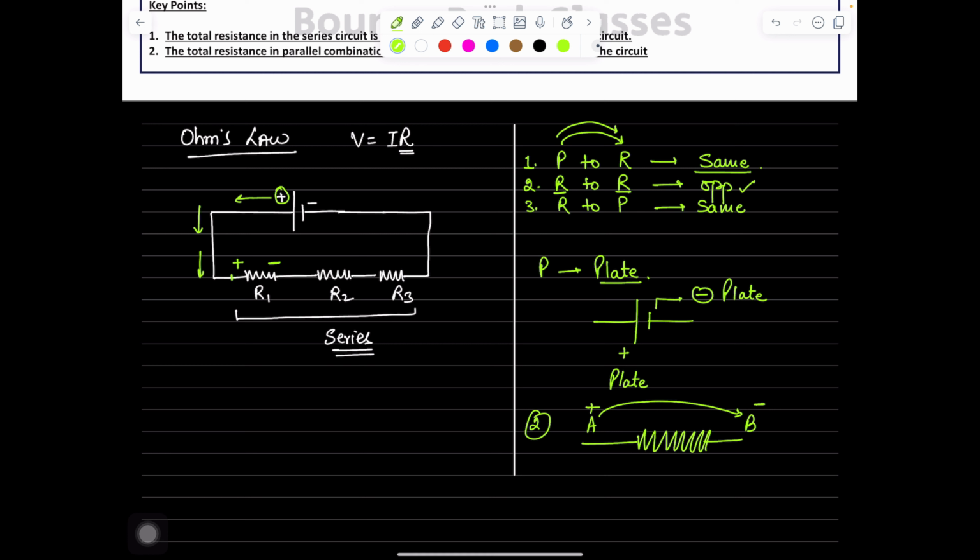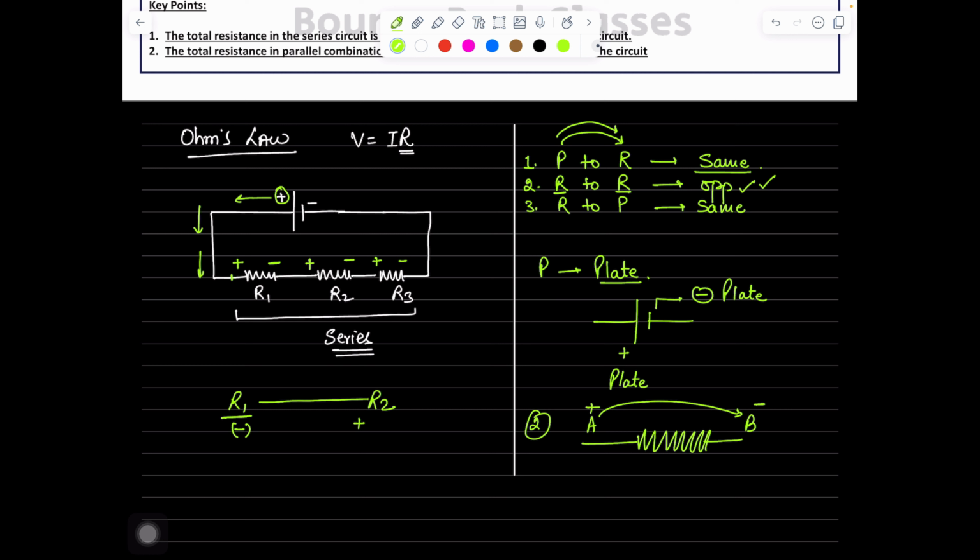Clear? First point is clear. Now R to R. We are shifting from R1 to R2. Tell me, at R1, what do we have? We have negative, so here we will get positive, because the second rule is applied, R to R. Now the other branch: here it should be negative, here positive, here negative.